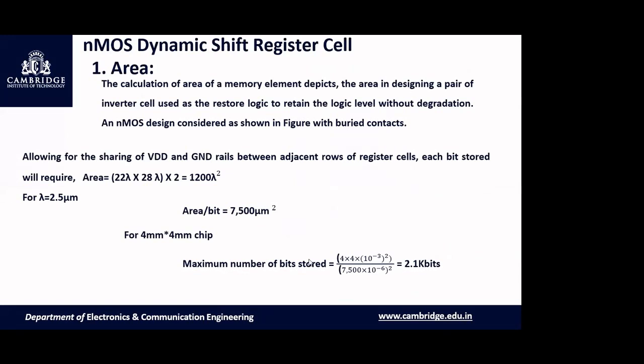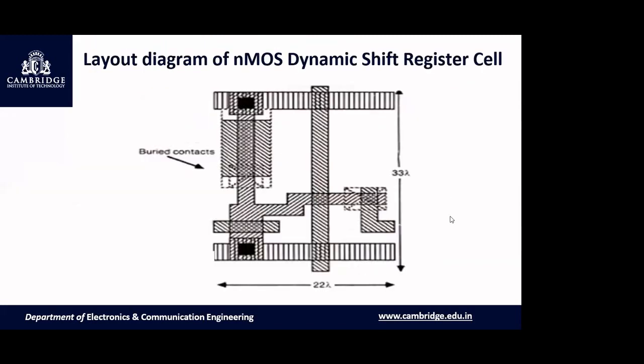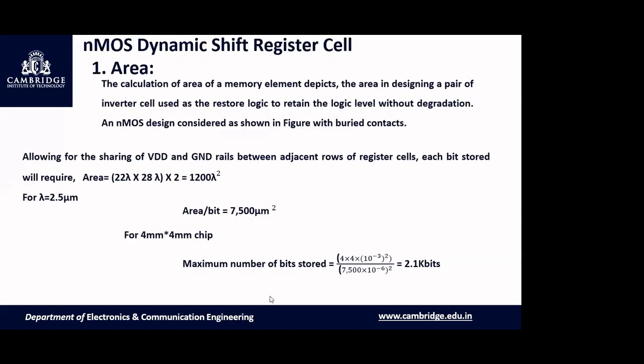We drew the layout, and we got 22 lambda by 28 lambda from this layout, which we'll consider for the memory. Here you can see I had considered 22 lambda into 28 lambda for only half the memory. Twice would be required, no? That's why we'll multiply by 2.